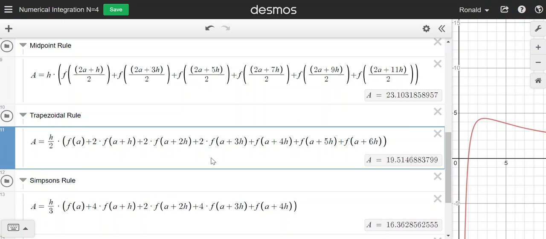Now we also have to adjust the coefficients of 2. We need to multiply this term now by 2, this term by 2, and the last term will have a coefficient of 1. So let's just go through and make sure that this pattern looks good. The first term, f of a, has a coefficient of 1, and then 2, 2, 2, 2, 2, 2 there. And then 1 in the last one.